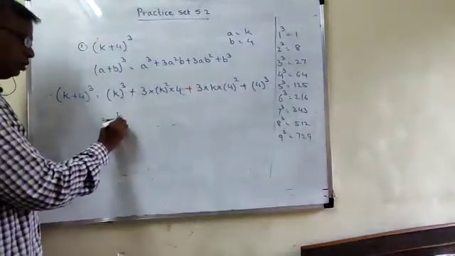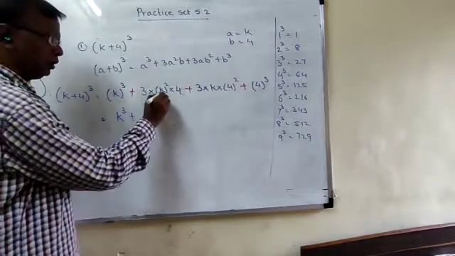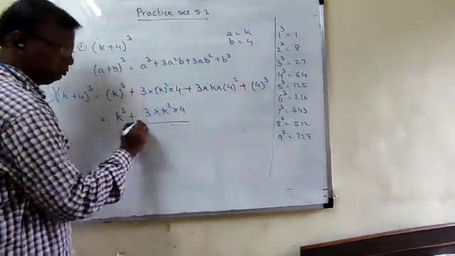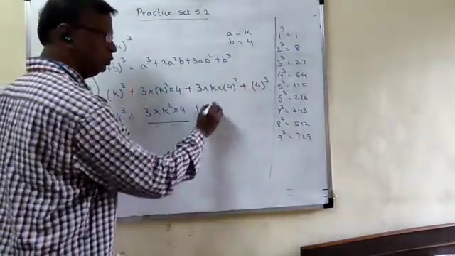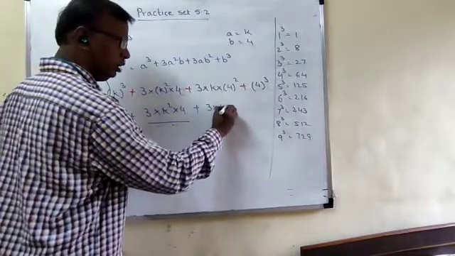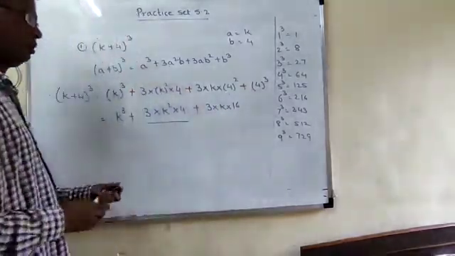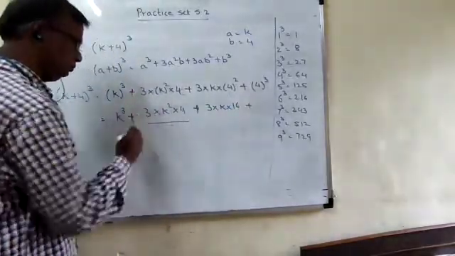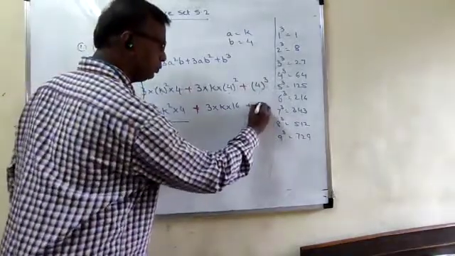k cube is k cube only, plus 3 into k square into 4. Underline this one. This is one term. Plus 3 into k into 4 square, that is 16, plus 4 cube, which is 64.